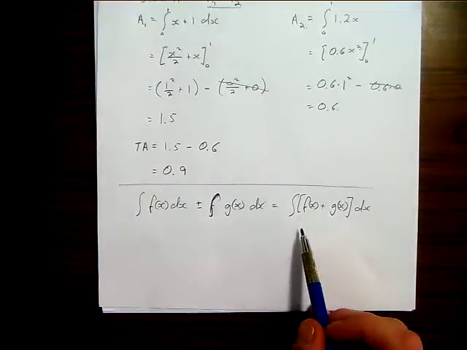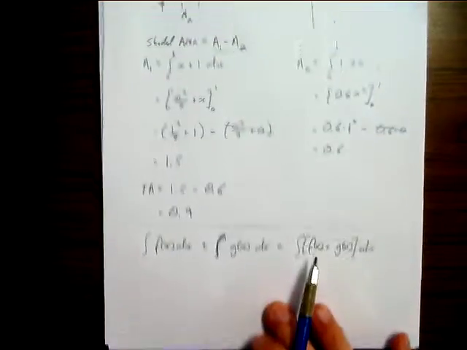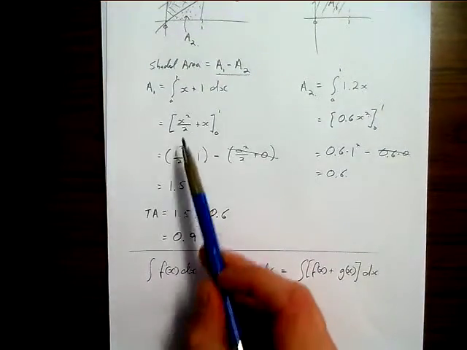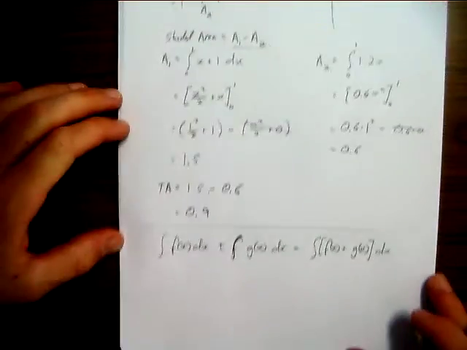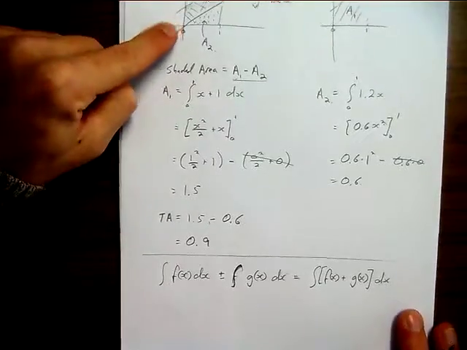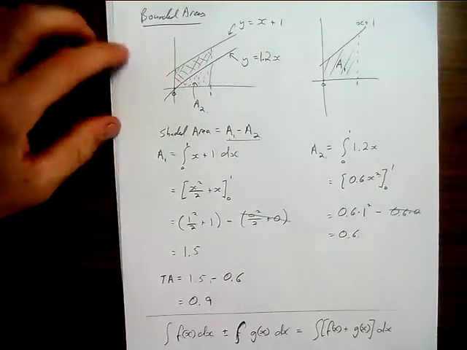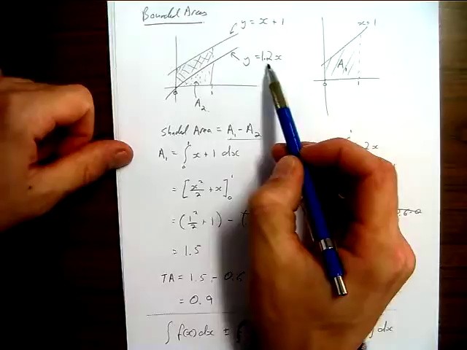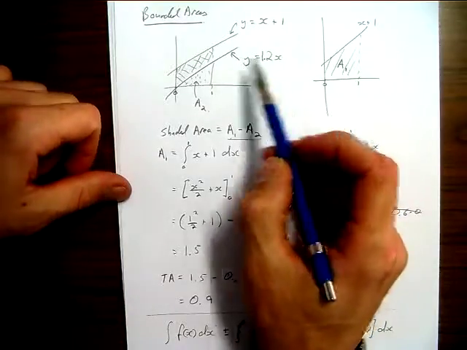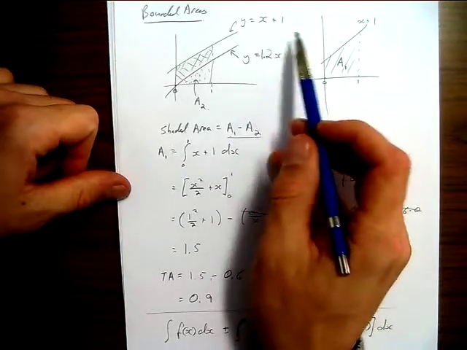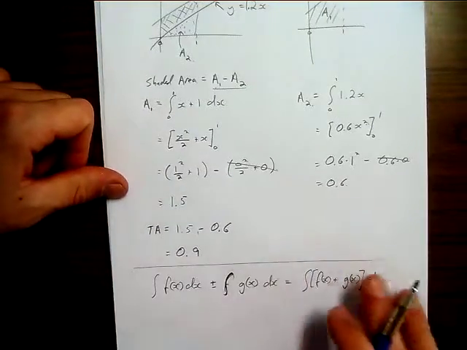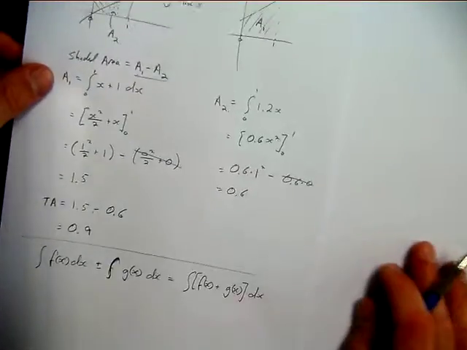So what this means for us is, what could we have done here instead of integrating the two areas separately? Combine the equation. So we have our two functions, x plus 1 and 1.2x. If we combine these two by subtracting them, we will end up with one function which we can integrate. So let's have a go at that.